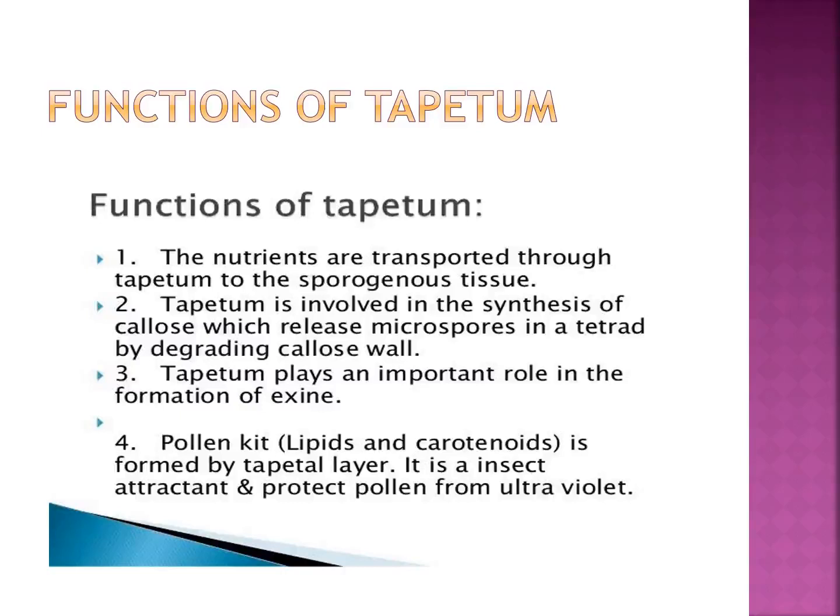Tapetum plays an important role in the formation of exine. Pollenkitt, lipids and carotenoids are formed by the tapetal layer. It is an insect attractant, and it protects pollen from ultraviolet.